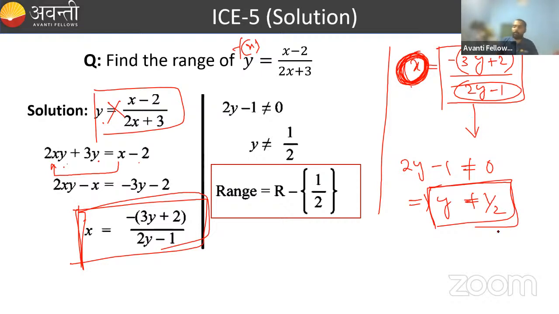So for all these real values of y except 1 by 2, x is defined, that is, the range is R minus 1 by 2. So y का वैल्यू हम निकाल दिए, तो मुझे मिल गया भाई रेंज का सेट.